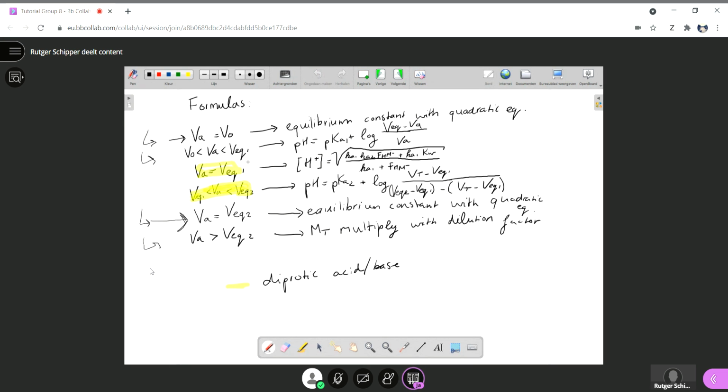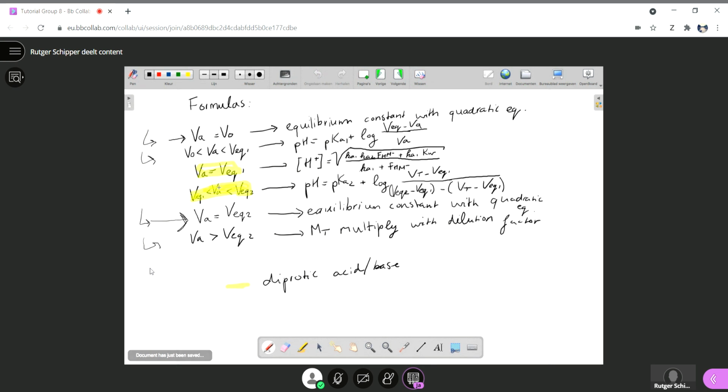Before the equivalence point, you use the Henderson-Hasselbalch equation, short right-hand, so unreacted fraction and reacted fraction. First equivalence point has been reached. When there is a first equivalence point, then you use this formula, which you will get on the exam, to calculate the M-Diprotic state. So this only applies when you have a diprotic acid.